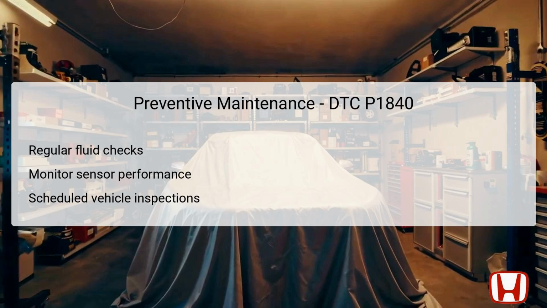Implementing a program of scheduled vehicle inspections can also help maintain overall health and functionality. By taking preventive measures, the risk of transmission-related problems can be significantly reduced. This proactive approach supports long-term reliability and performance of the vehicle's drivetrain system.